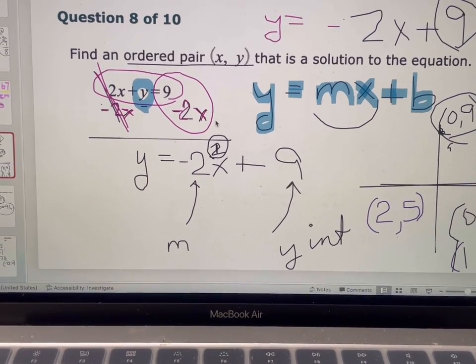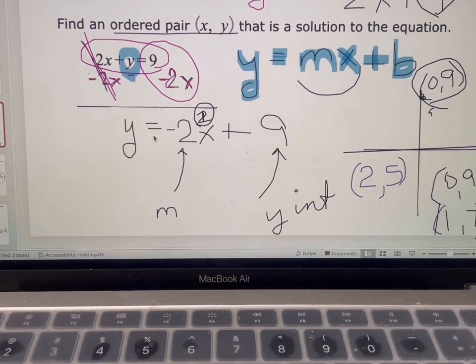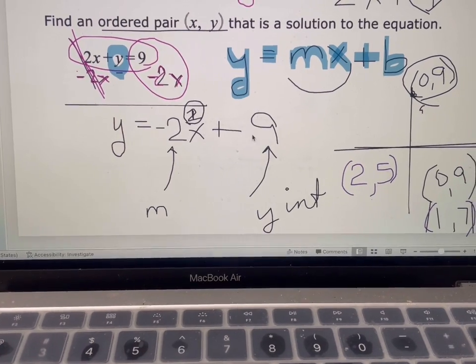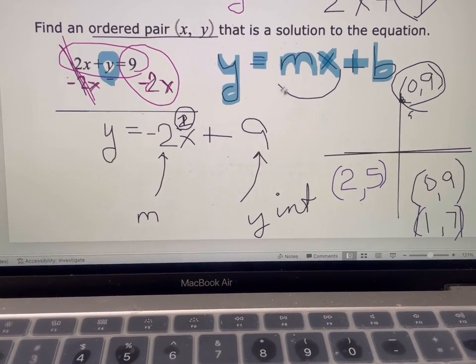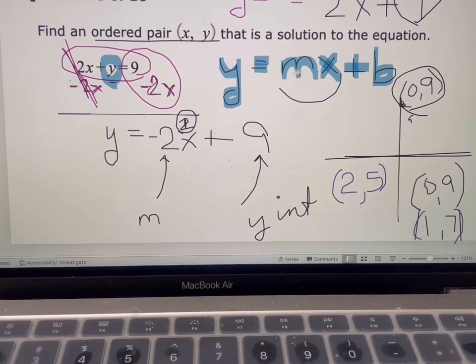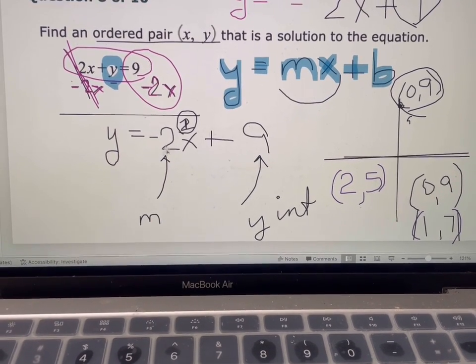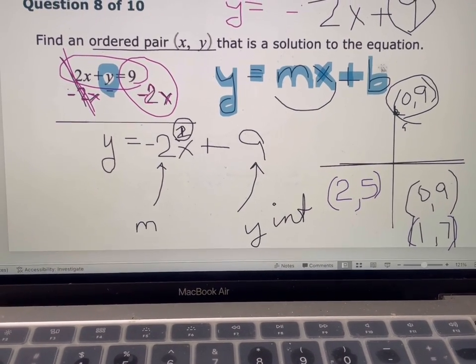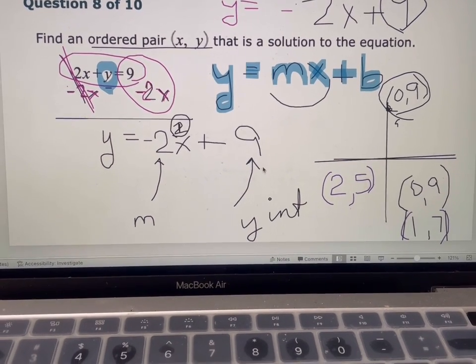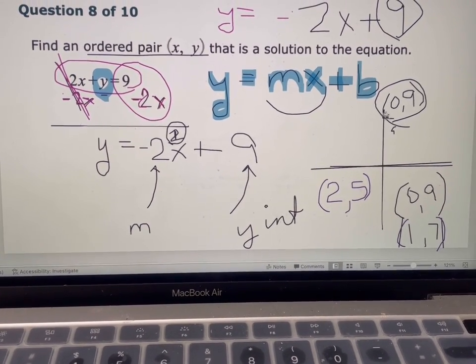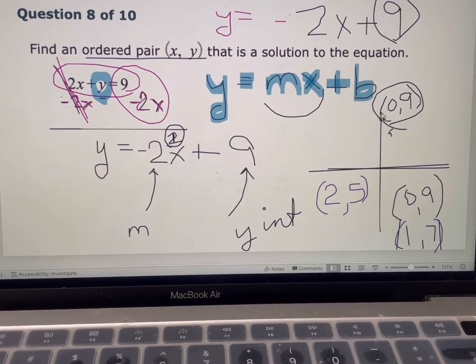When we subtract 2x on both sides, we get y equals negative 2x plus 9, which does look like this form. So the slope is negative 2, and the y-intercept, which we denote with b, is 9. And so we could graph that by putting a point at 0, 9.